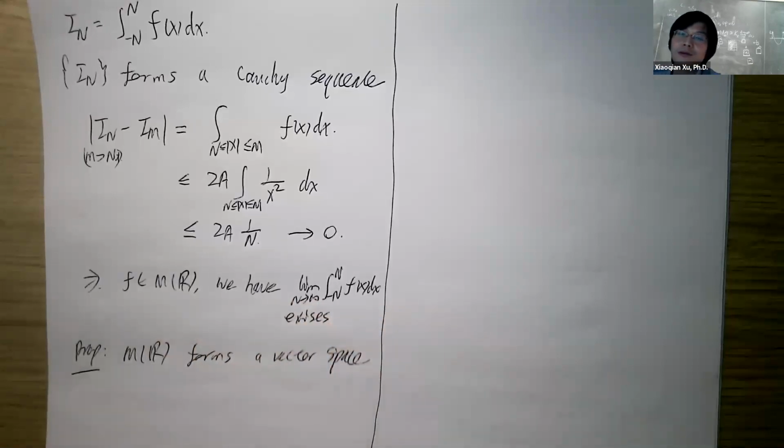You can somehow do the addition and still get a very quickly decreasing function. Okay, finite linear combination. Okay, any question about this M_R, the moderate decreasing function? Any question about it? Any question?